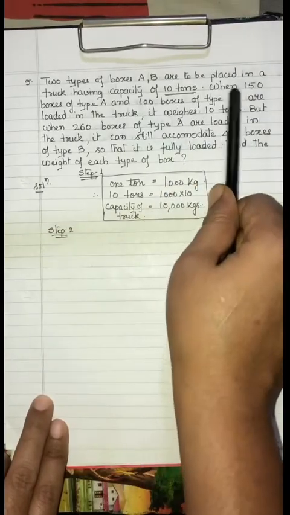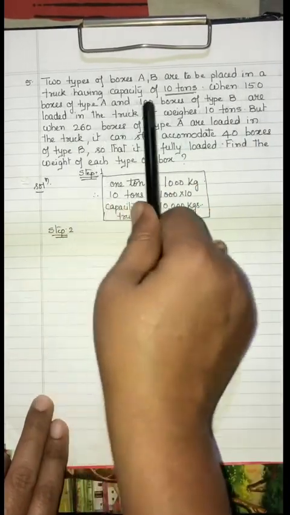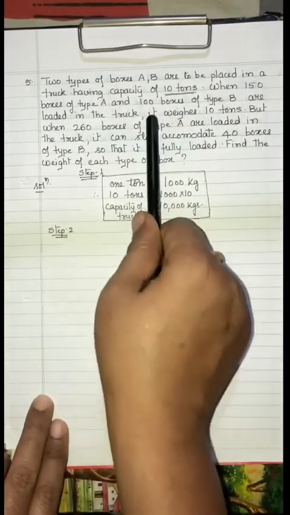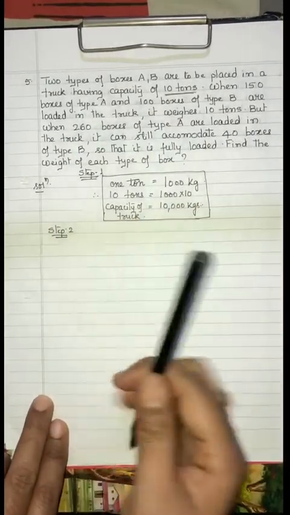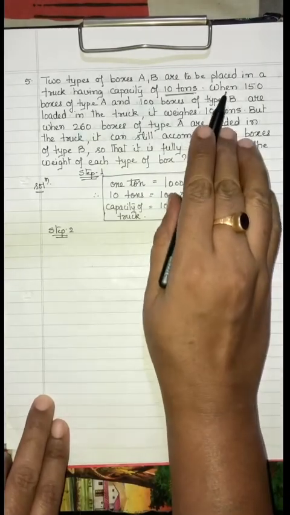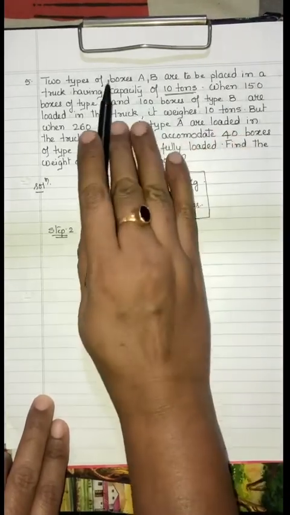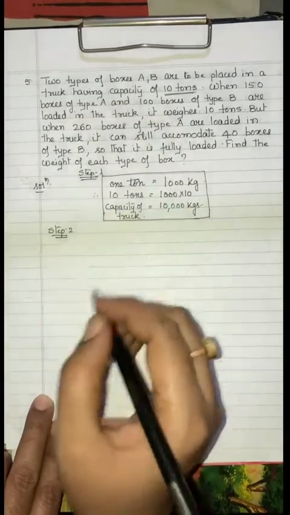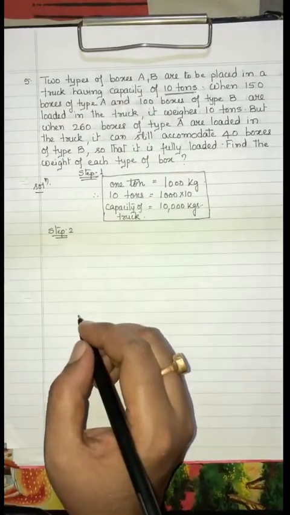Okay. When 150 boxes of type A and 100 boxes of type B are loaded in the truck, it weighs 10 tons. But here it is not given what is the weight of one box of A. So that we have to consider first.